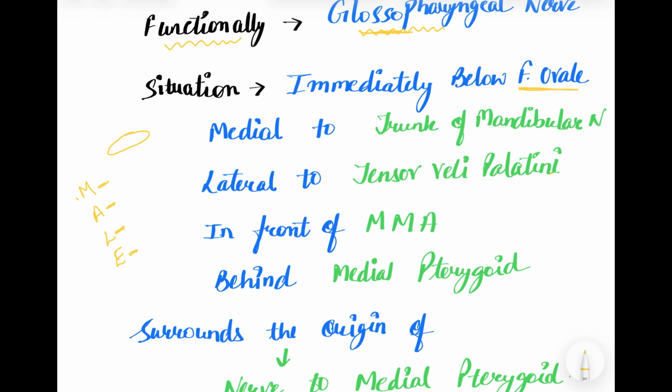So these are the structures which pass through your foramen ovale, and the ganglia is lying just below this foramen.